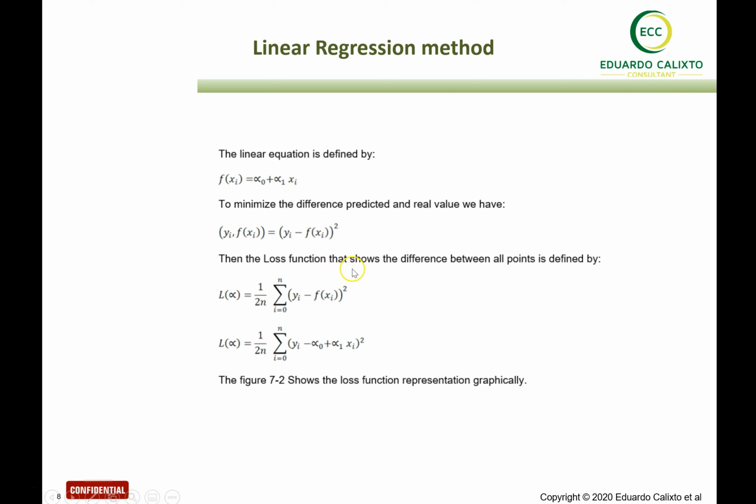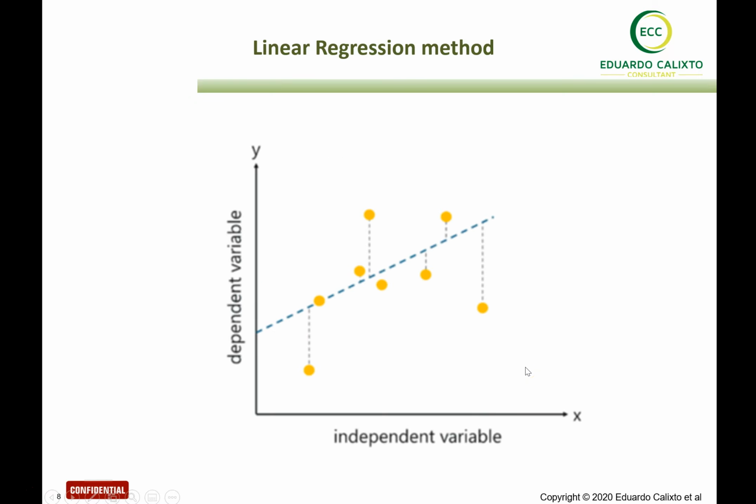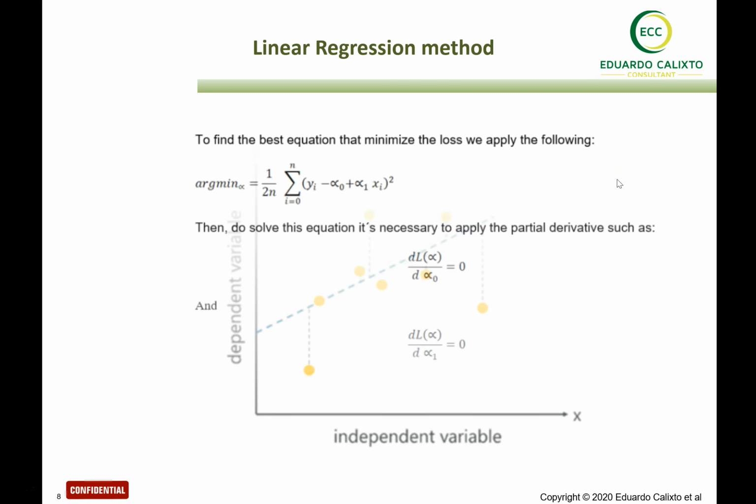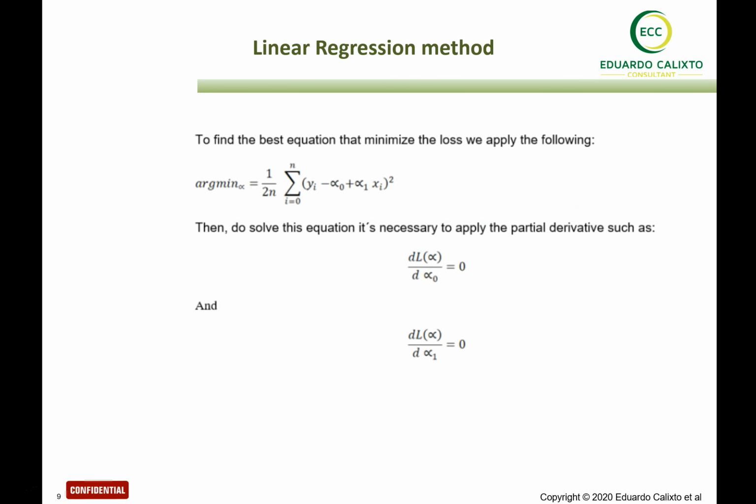The loss function, or the error, is the summation, over each different point, of the difference between the predicted and the real point value squared, divided by 2. Again, for each point that we have, we calculate the difference between the projected point and the real point, and then we get our loss function or error function.